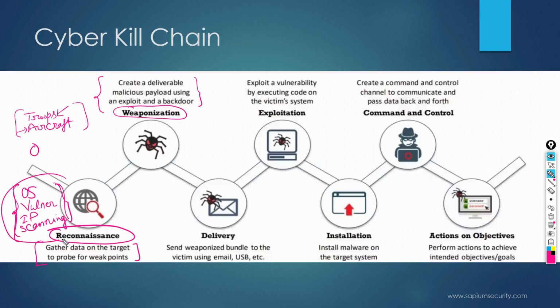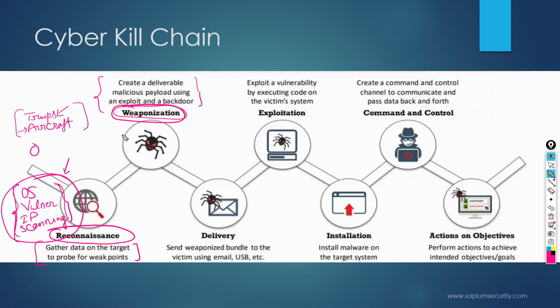We have collected information on the OS vulnerabilities and so on, and I will specifically design a malicious code to attack that, and that is what will go and destroy the target. So I'm doing the weaponization, developing the code which will target it.